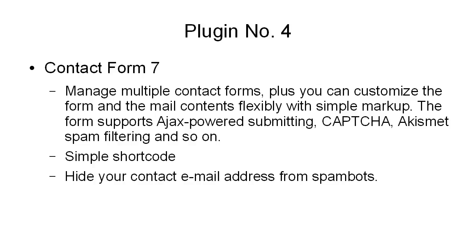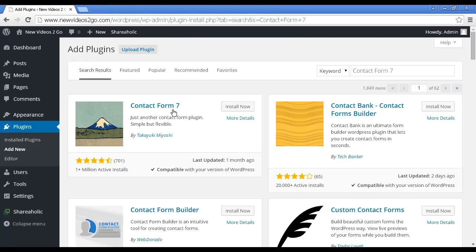The form supports Ajax-powered submitting, captcha, Akismet spam filtering, and so on. There's a very simple shortcode to insert it into your blog, and it enables you to hide your contact email address from spam bots. And this is the one we want, Contact Form 7.